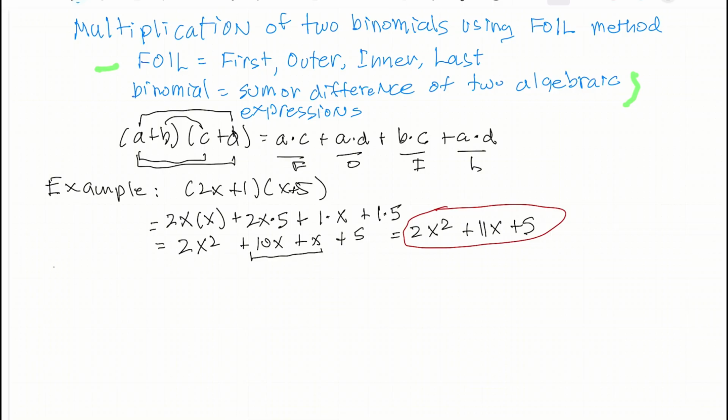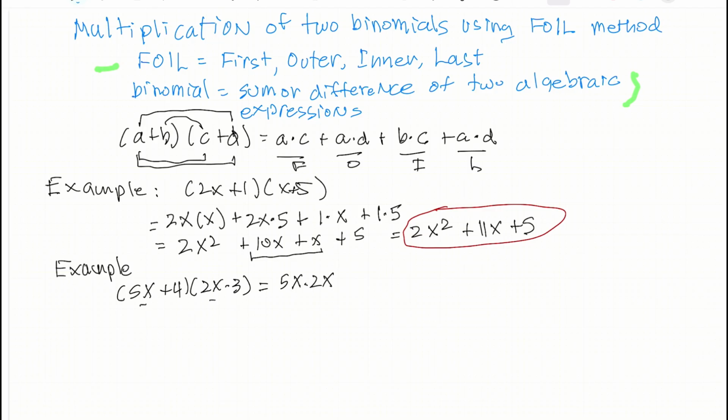Let's do one more example. This example, we want to look at 5x plus 4 times 2x minus 3. So the multiplication of the first terms is 5x times 2x.